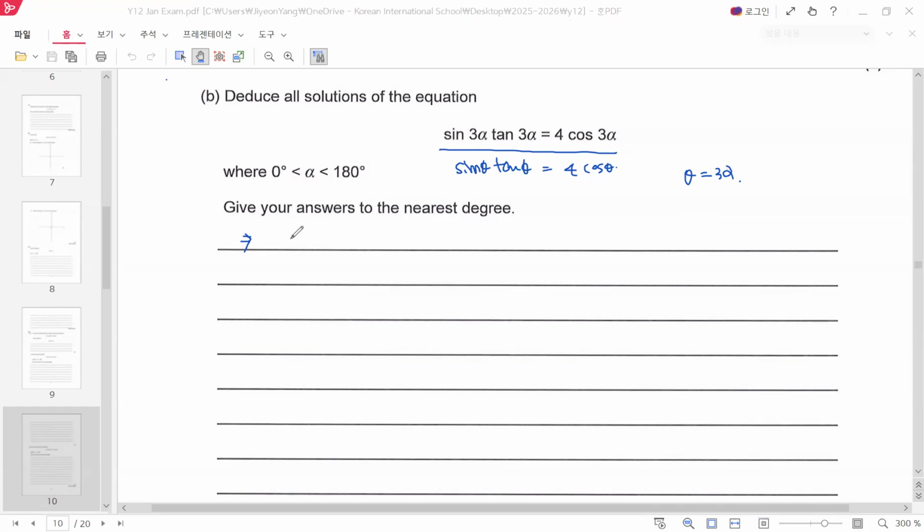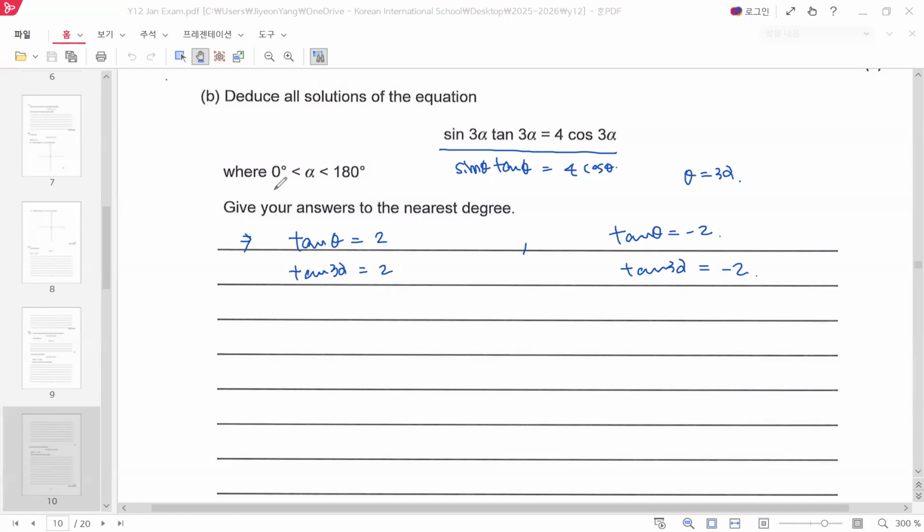Since we found the value of theta when tangent theta equals 2 from the question A, can you see this question is also related to the previous question, right? Tangent theta equals 2 and tangent theta equals negative 2. This is the starting point. Then tangent 3 alpha equals 2, tangent 3 alpha equals negative 2.